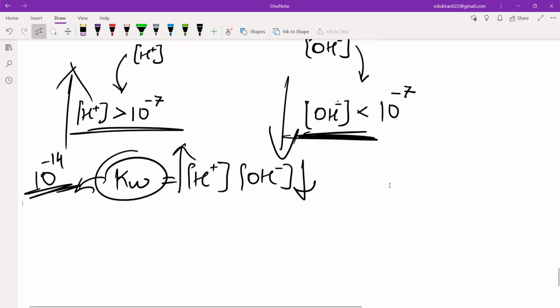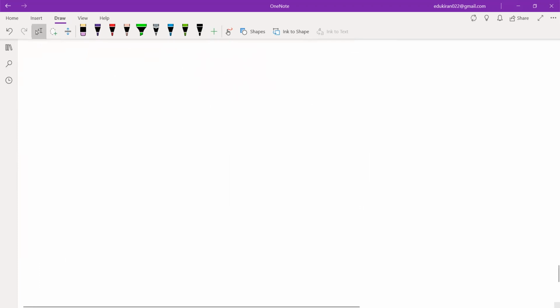Okay. So, right, next, addition of acids and bases in water, and the first is addition of acid in water.